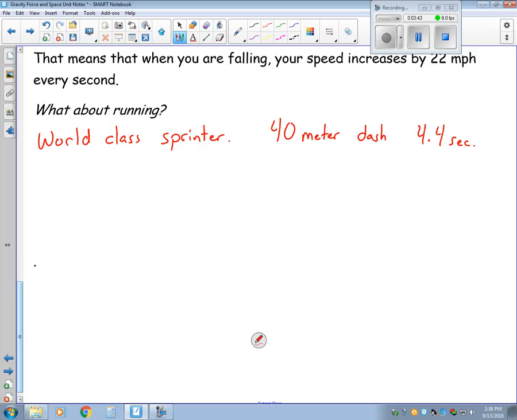So what that does is it works out to an acceleration of 4.1 meters per second, every second.